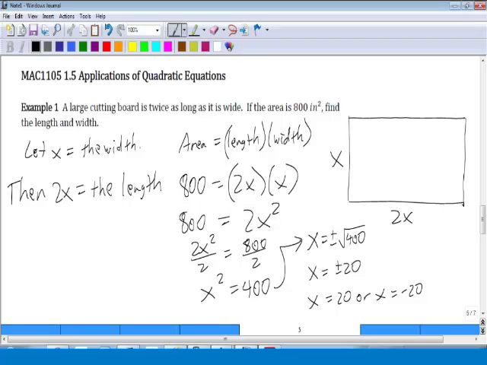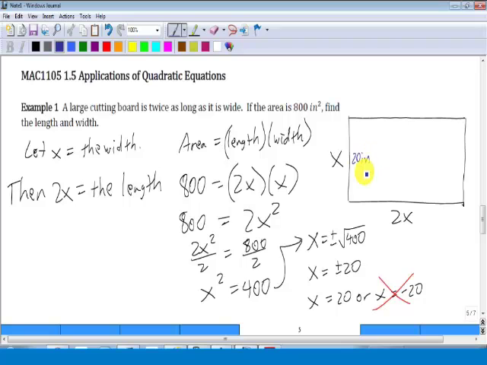You can multiply negative 20 by negative 40, and that would give you positive 800. But it doesn't give you a rectangle, does it? It doesn't give you appropriate dimensions of a cutting board. So the negative 20 satisfies the algebra just fine, but not the geometry. Scratch the negative 20. Positive 20 should work a lot better.